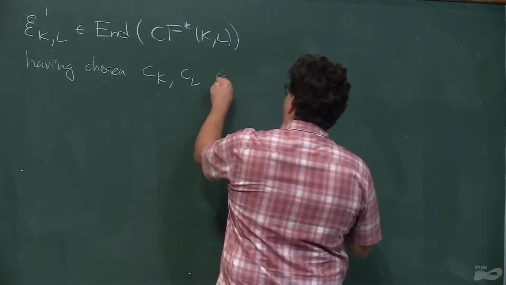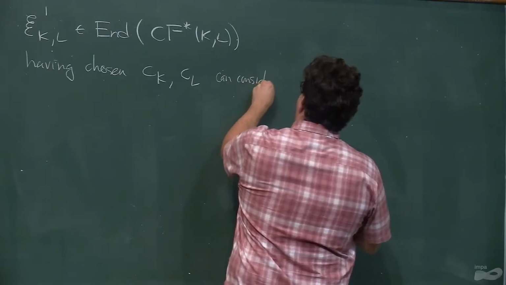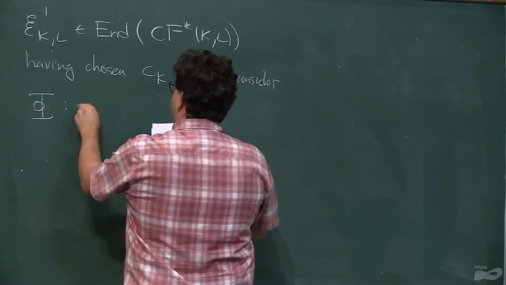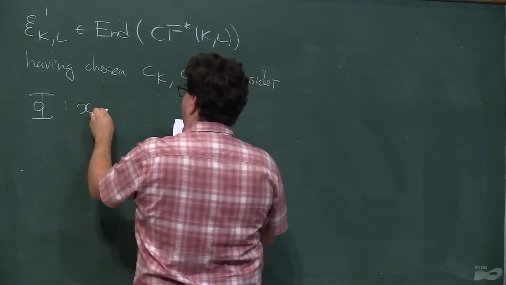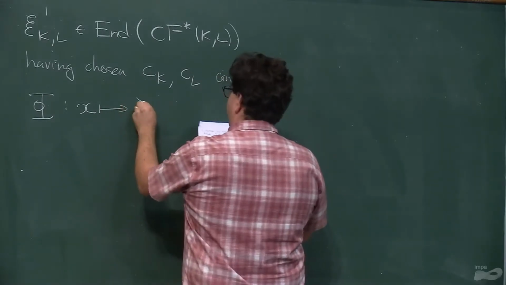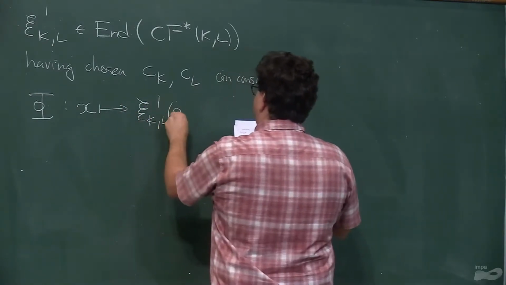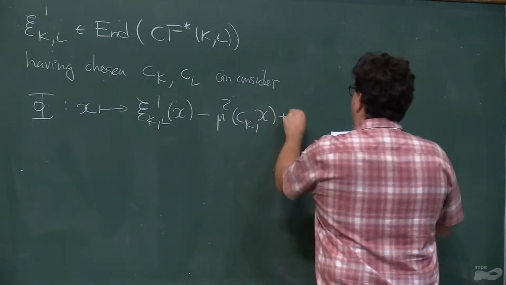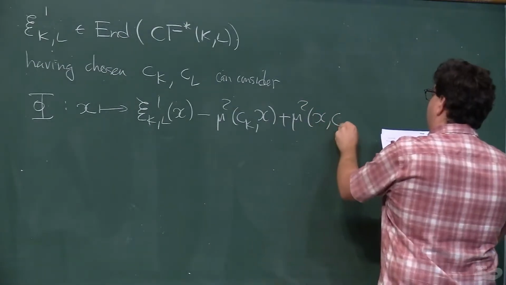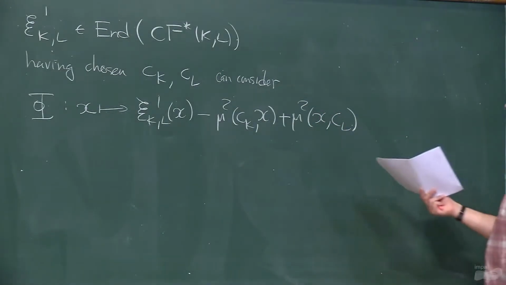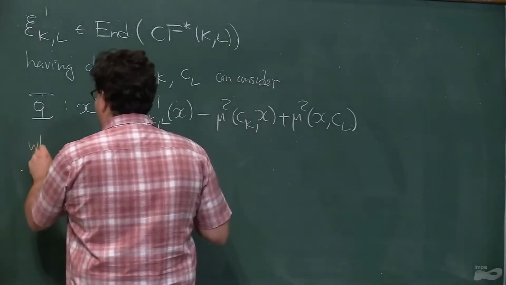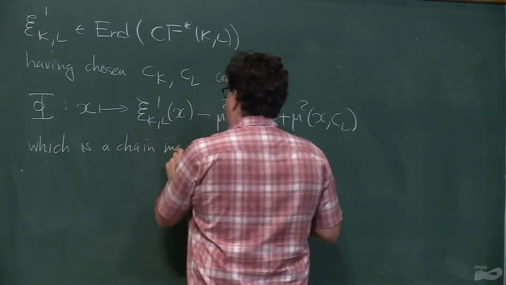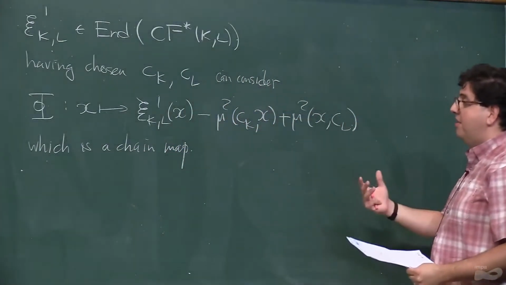we can form a map phi, which is an endomorphism of this vector space, which sends x to psi KL 1 of x minus mu2 CKX plus mu2 XCL. And this is a chain map. And so it descends to homology.